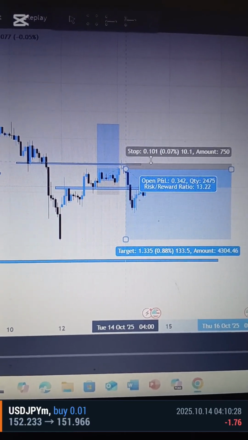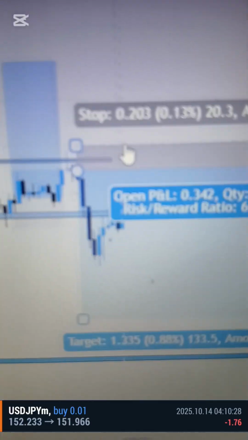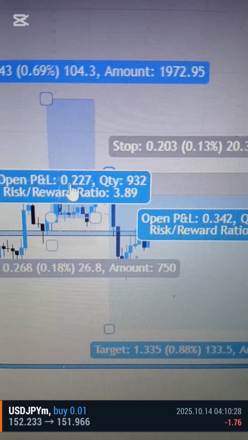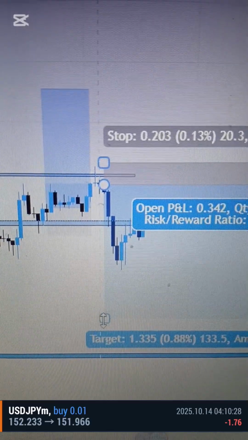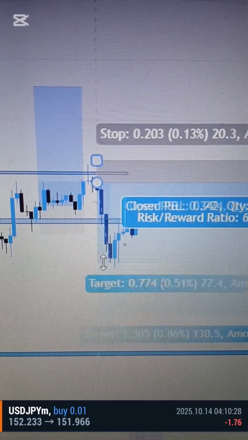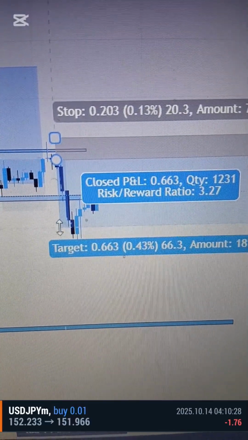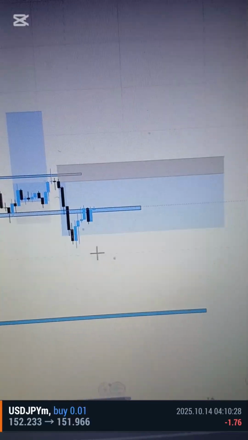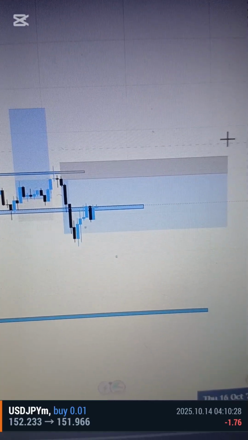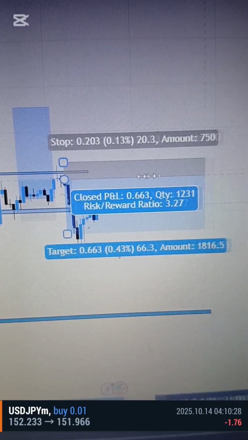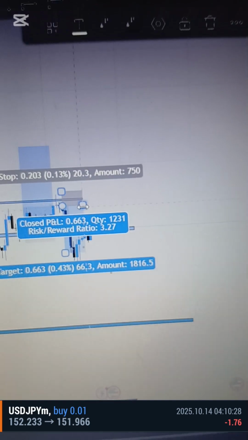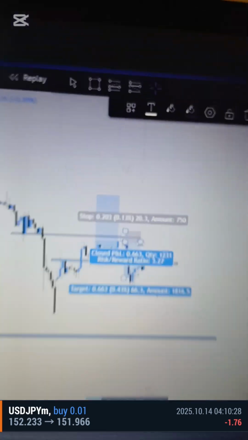My stop goes right above this level, and then I'll target 1 to 3, like so. As you can see, this would have been a very good trade. But a mistake is a mistake, and I'll just keep on learning.